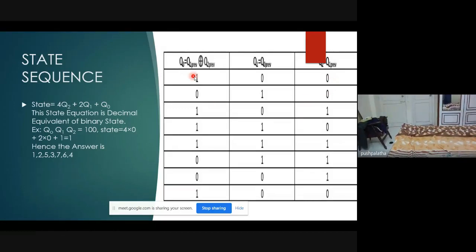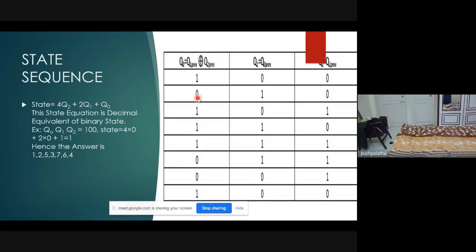So my Q naught value is 1 and Q1 value is 0 and Q2 value is 0, right? So when I go for the next case, you have to take this bit into consideration. My Q1 and Q2 both are 0. So if the same inputs are given to my XOR gate, what will be the output? Output is 0.